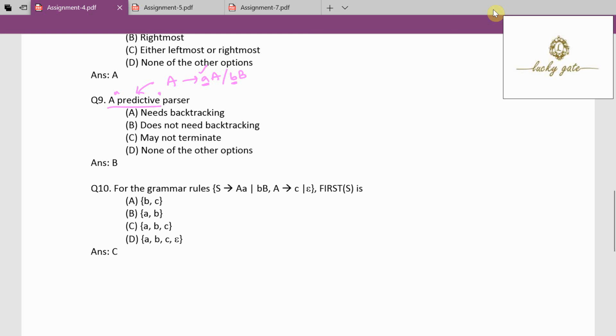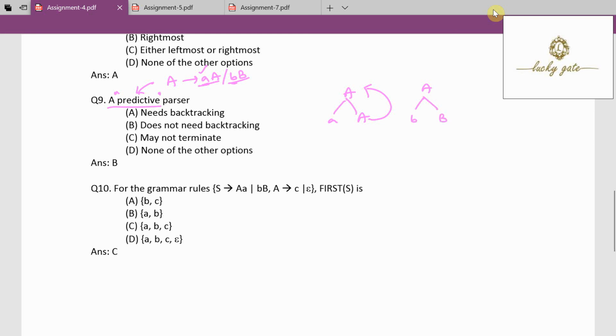That's why it is named predictive, because it is able to identify the correct production rule to apply. Then it doesn't require reversing a production and applying the second or next alternative possible. Suppose you apply one alternative, and if you feel it is not suitable, then it has to reverse it and check the next alternative.